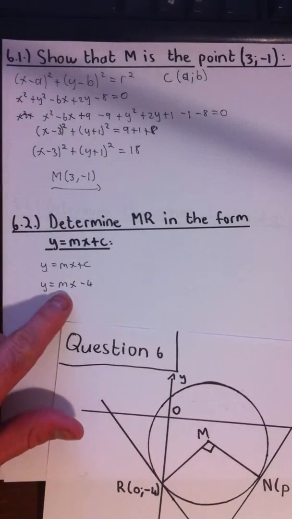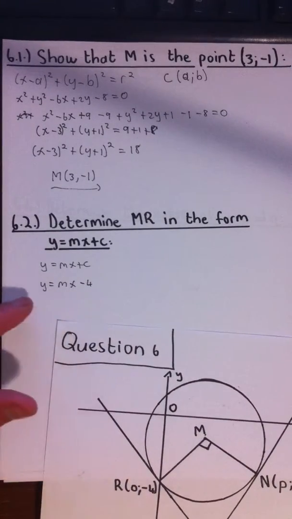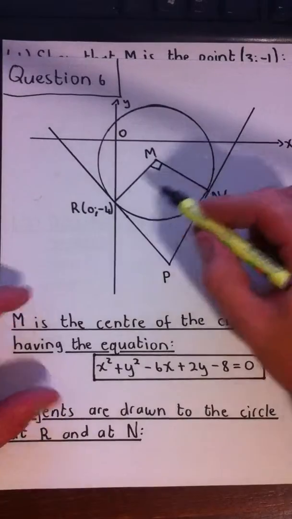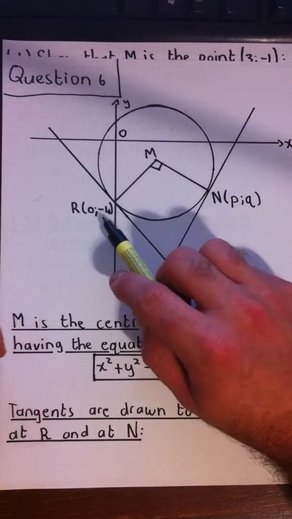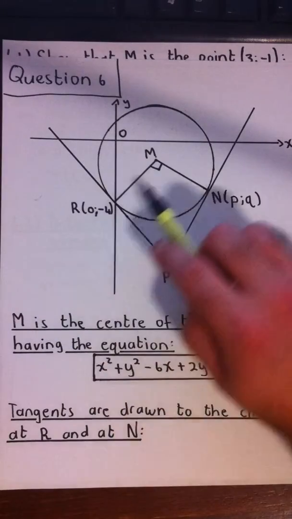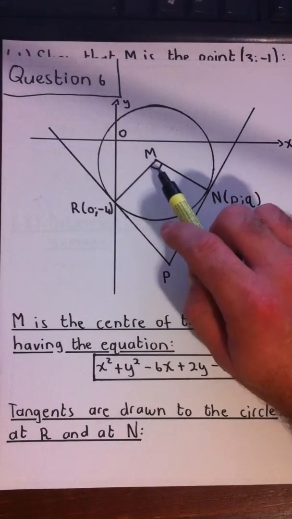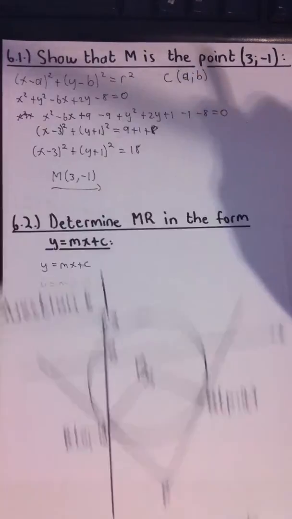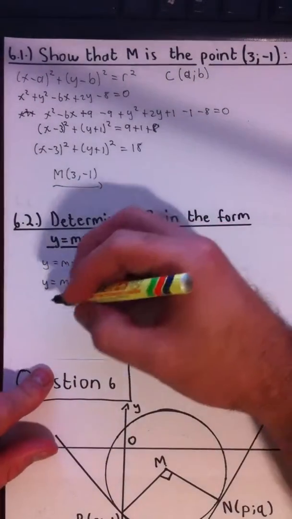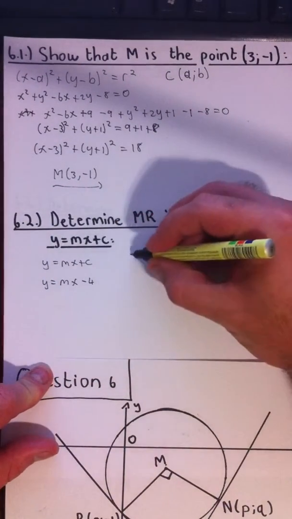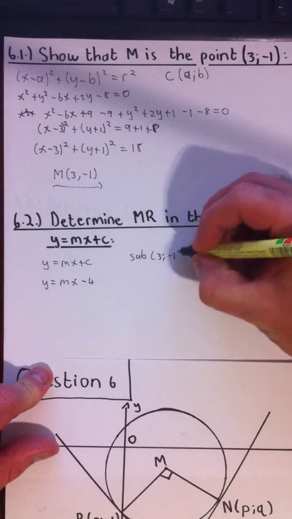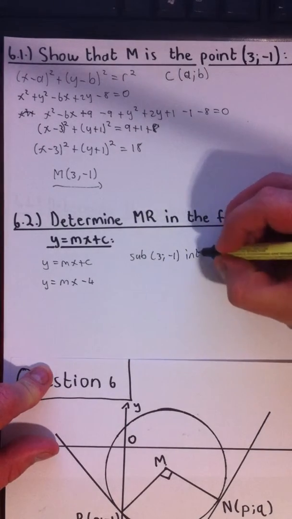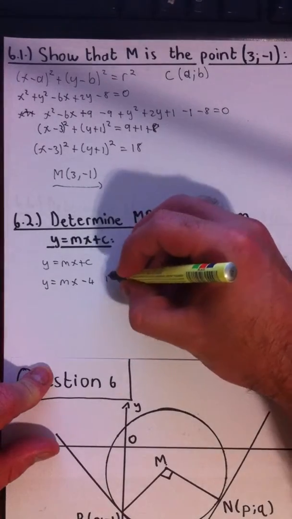Now m is the only unknown, so we can substitute any point on this line into the equation to solve for our m. We only have one point, which is R, (0, -4). Well, actually, we've got M as well, (3, -1). So we'll substitute M, (3, -1), into equation 1.